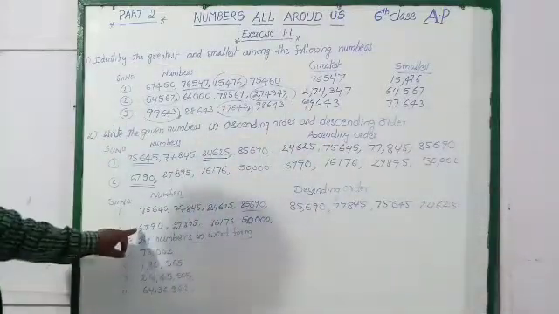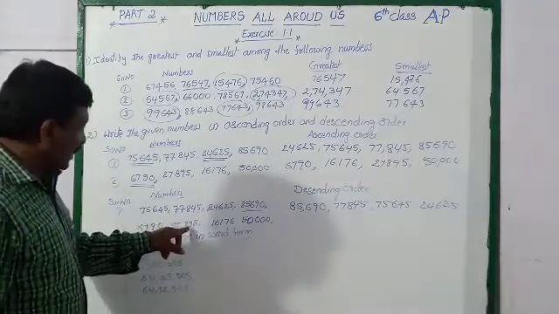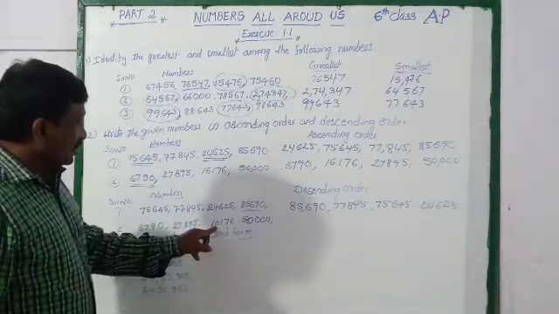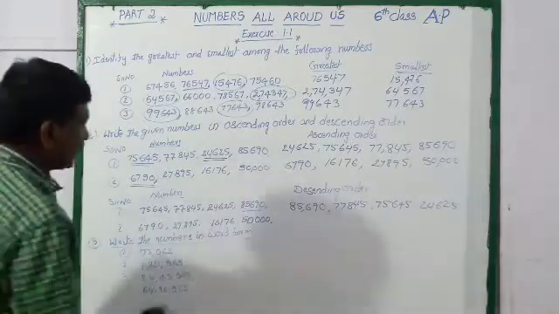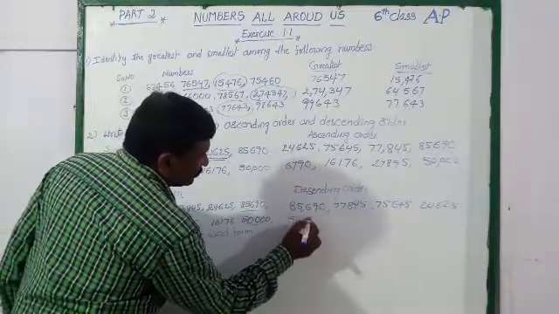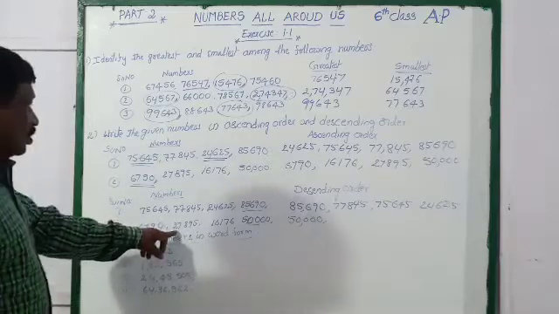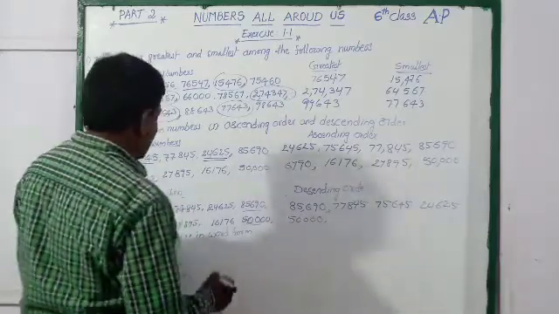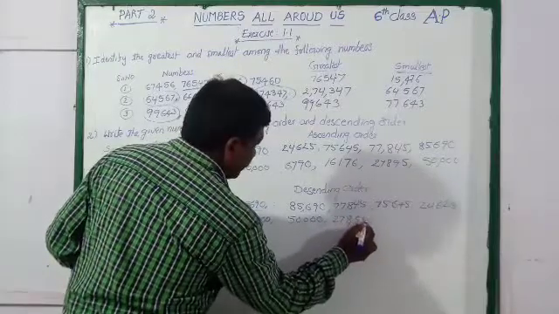Next in this manner: 6,790, 27,895, 16,176, 50,000. Which is the greatest number? From greatest to smallest: 50,000. Next greatest 27,895.